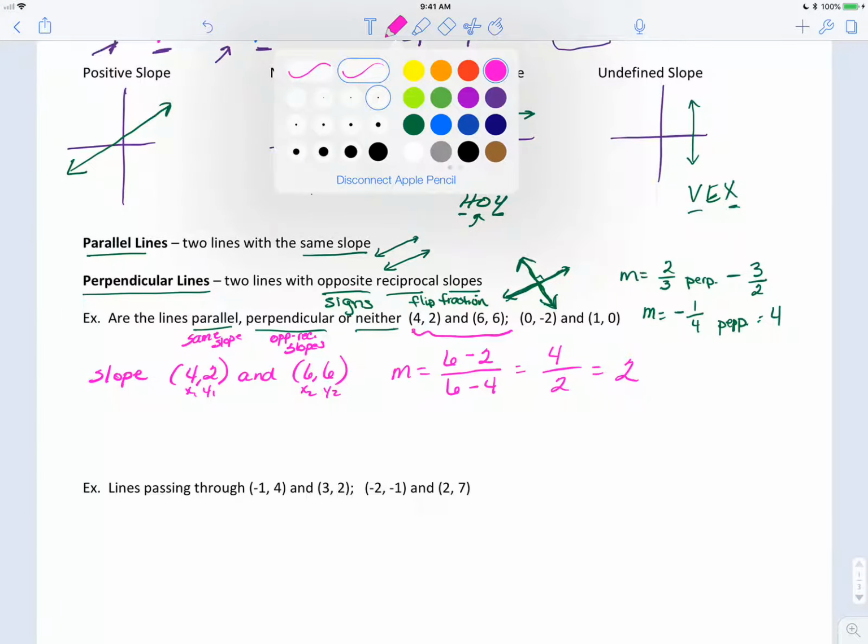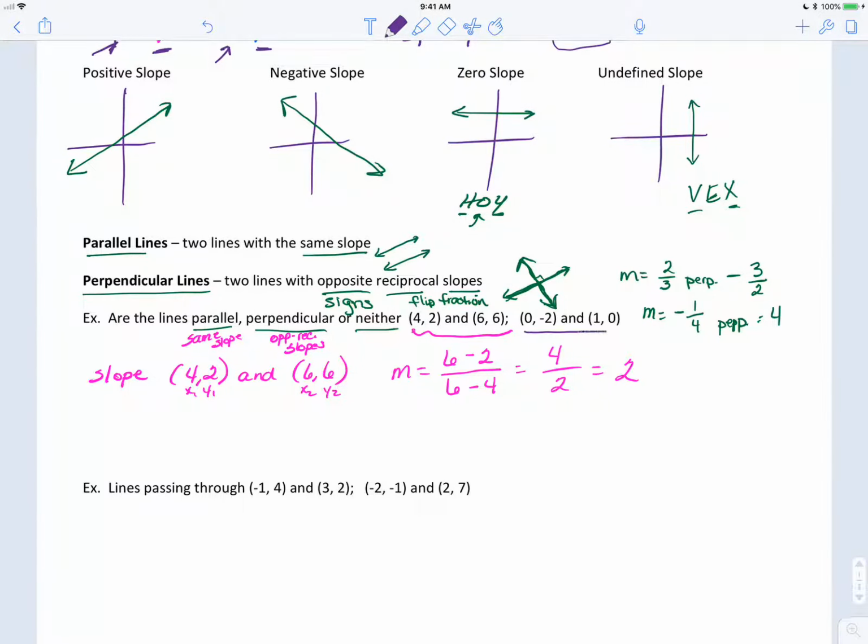But now let's see what this line's slope is. We've got our second set of ordered pairs, 0, -2, and 1, 0. This one will be our x1, y1, and this one will be our x2, y2.